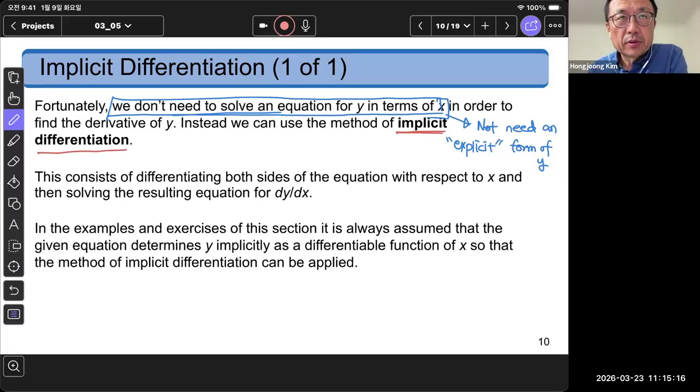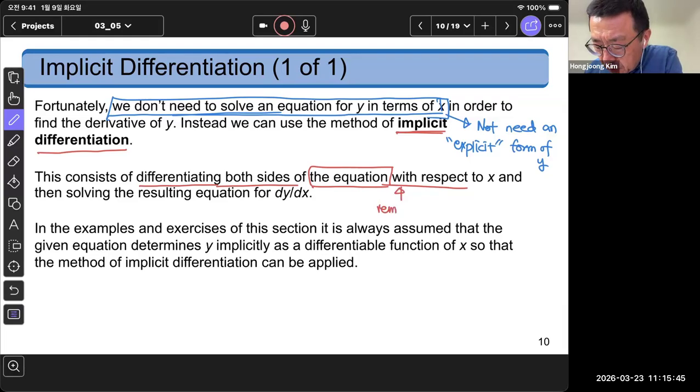That means if I have the equation defining some implicit relation, you need to differentiate both sides of this equation with respect to x, and at that point you need to remember that y is a function of x.